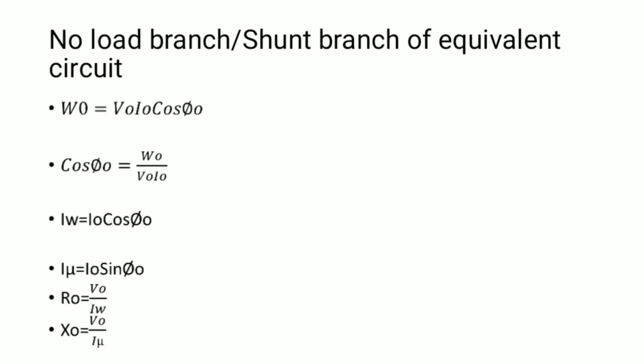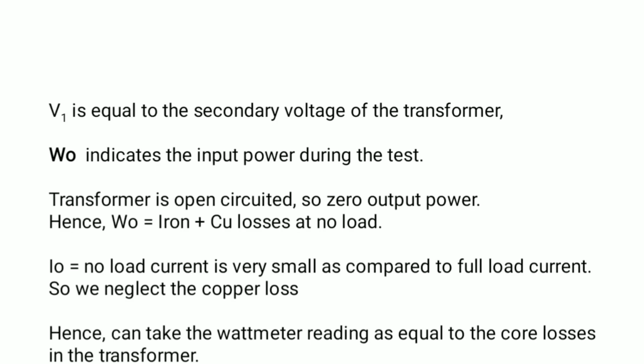So with the help of this formula, we can find out the power factor of the transformer cos phi 0. With the help of that, we can find out the active component of the current IW, which is nothing but I0 cos phi 0, and magnetizing component of the current I mu, which is I0 sin phi 0. Now the R0 is nothing but the V0 upon IW and X0 is nothing but the V0 upon I mu.